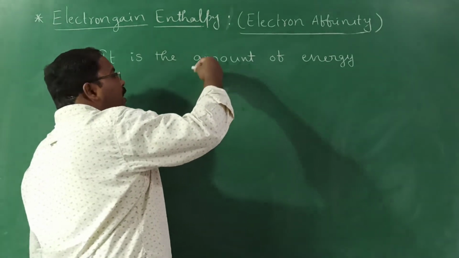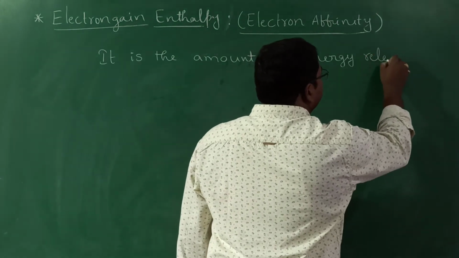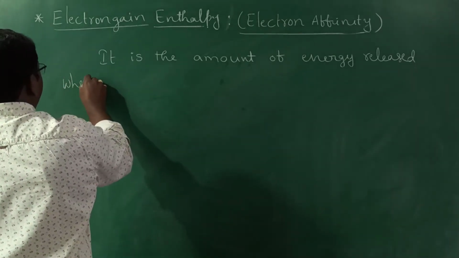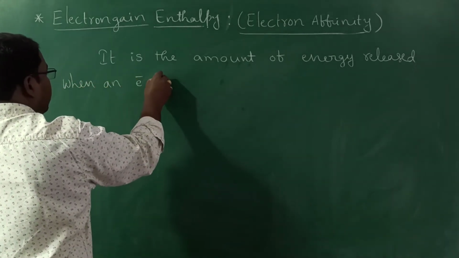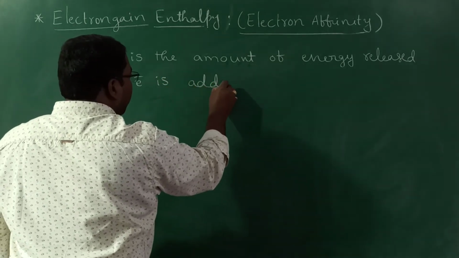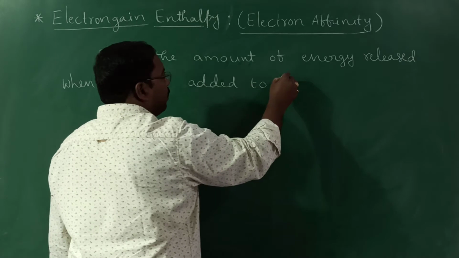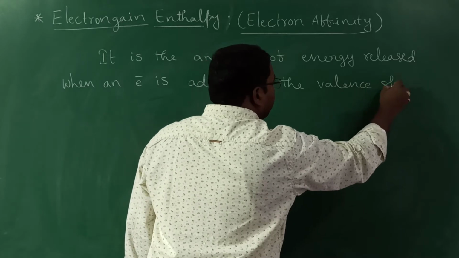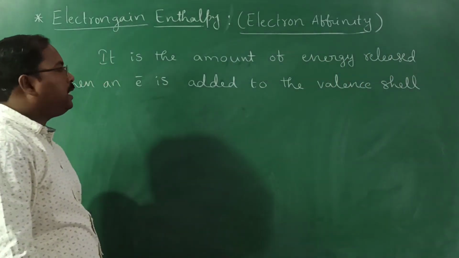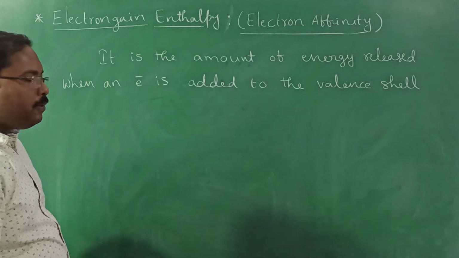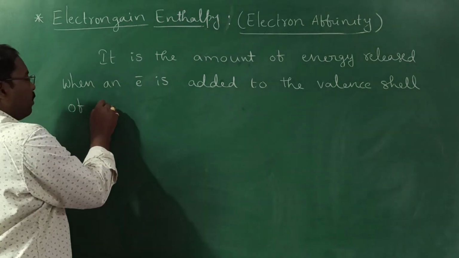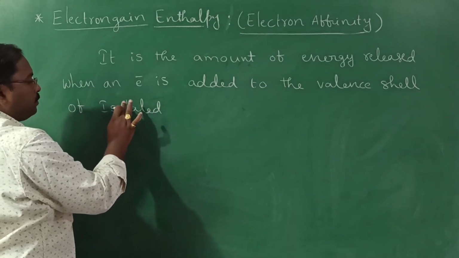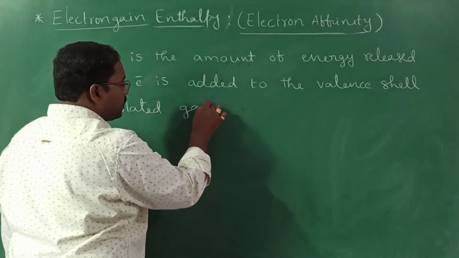So it is the amount of energy released when an electron is added to the valency shell of an isolated gaseous atom.